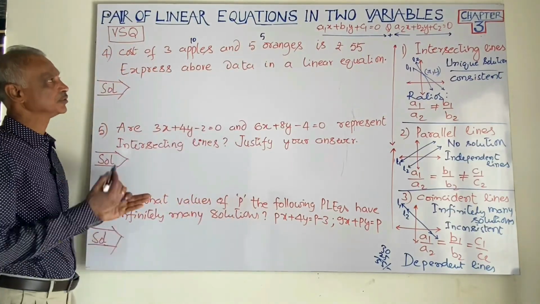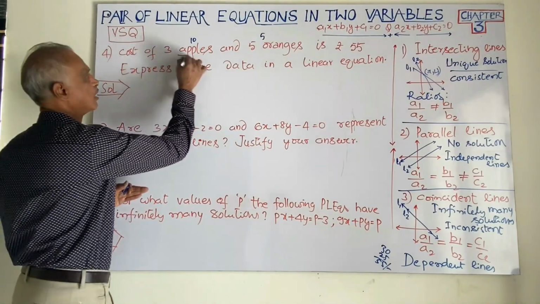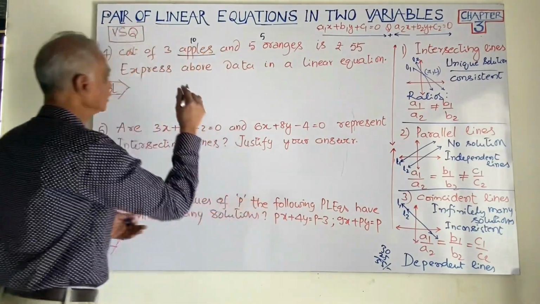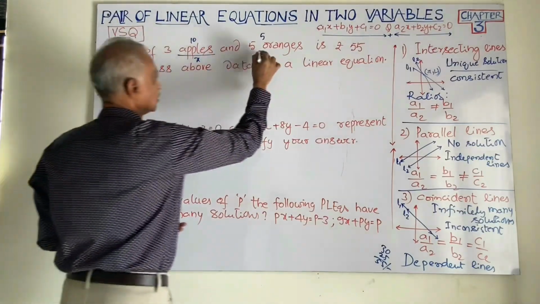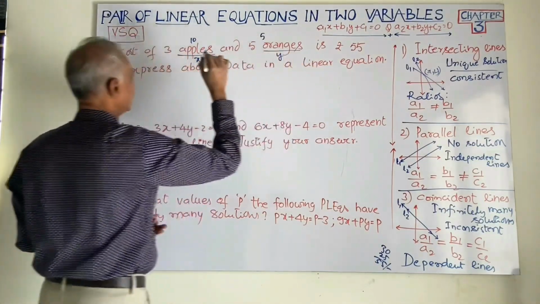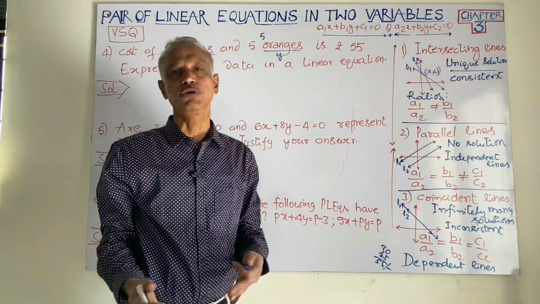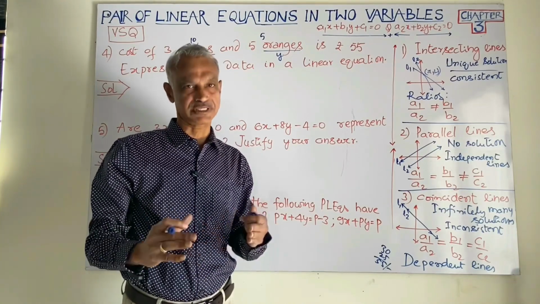Now you know the total amount, but we don't know how many apples. Say the cost of apples is x rupees and the cost of oranges is y. We don't know whether it is 10 rupees or 8 rupees, or 4 rupees for oranges. We don't know the actual cost of apples.